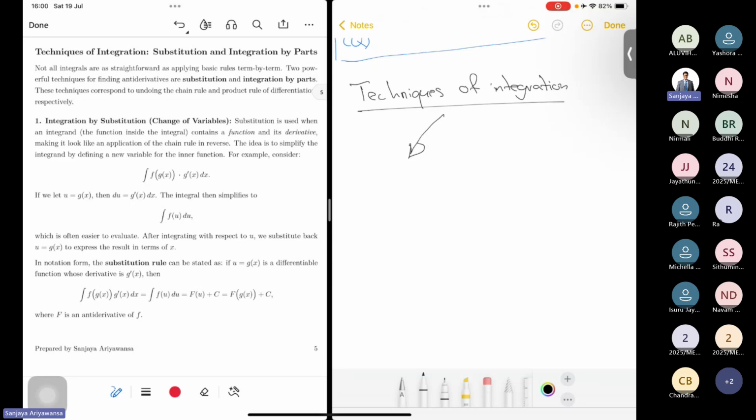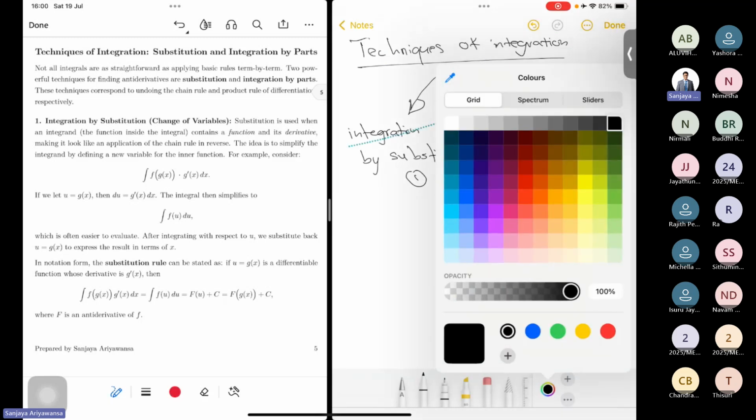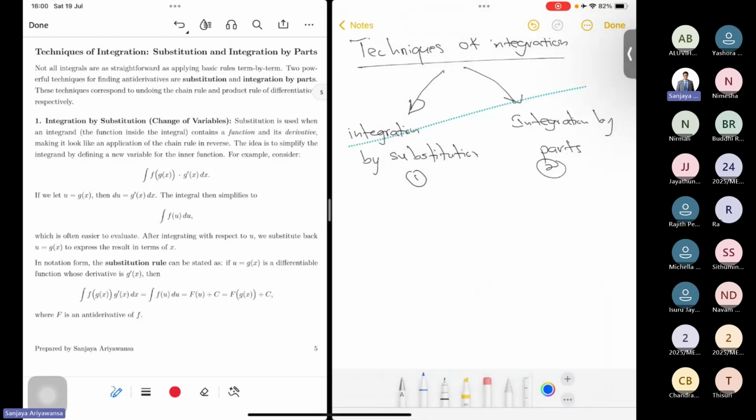For this lesson, we are looking at integration by substitution. That's one technique. And the second technique that we're looking at is integration by parts. These are the two techniques that we are going to look at. So first, let's have a look at this integration by substitution.